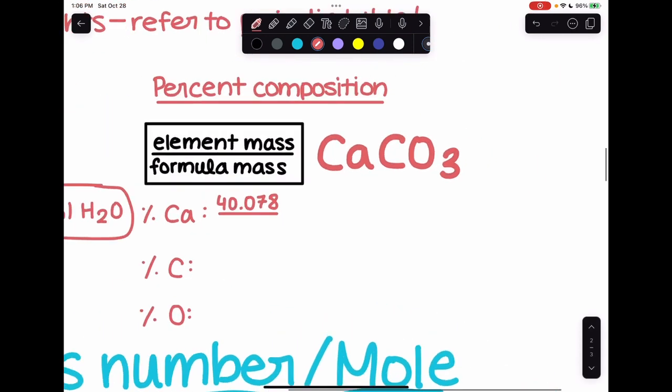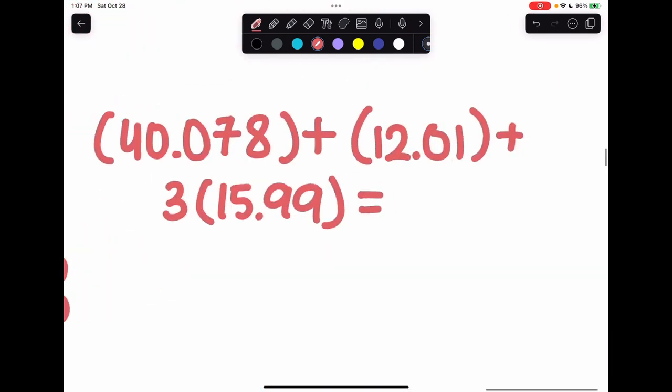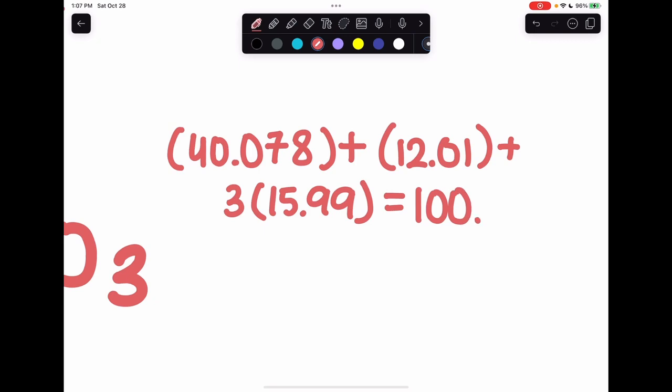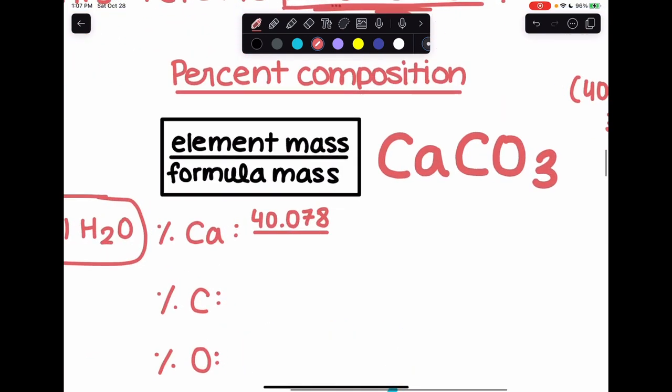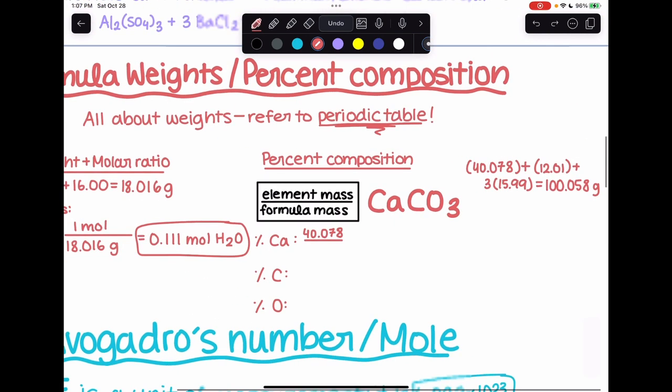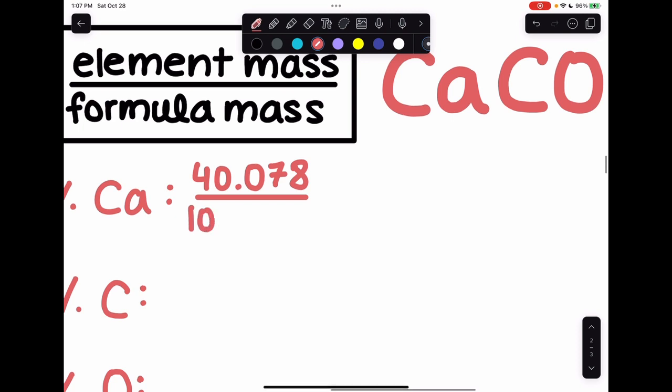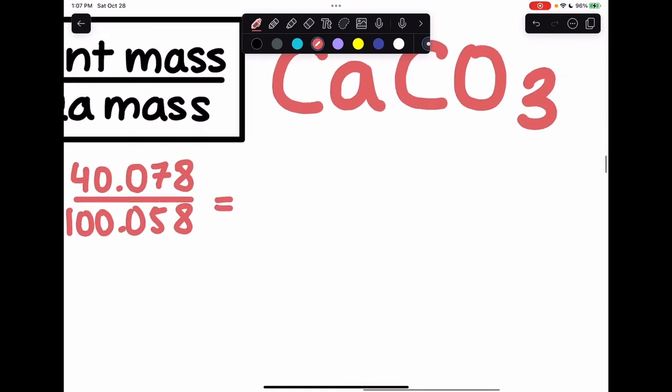And what's the entire weight of this? You get 100.058 grams. So we're going to put that at the bottom of every fraction we have here to get our percentages. So 40.078 over 100.058, and then you get about 40.0%.